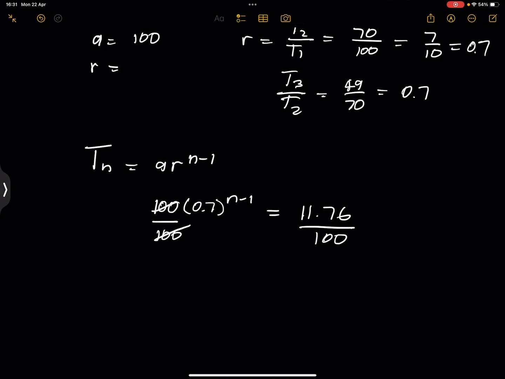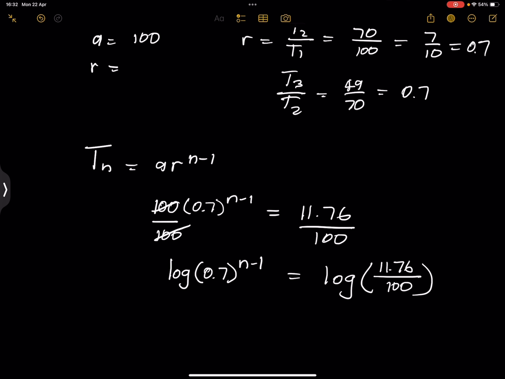And if you want to make it easier to solve, what am I going to do here? I can introduce logs. Log of 0.7 to the power n minus 1 is equal to the log of 11.76 over 100. Now remember, the law of logs simply says if we've got an exponent there, it can jump down.